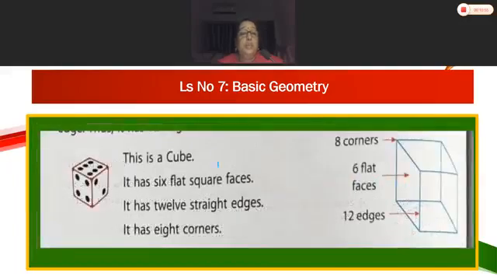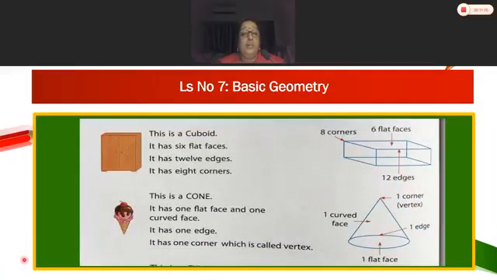Okay. Now, this is a cube. It has 6 flat square faces. Now, we will see the 6 flat square faces.